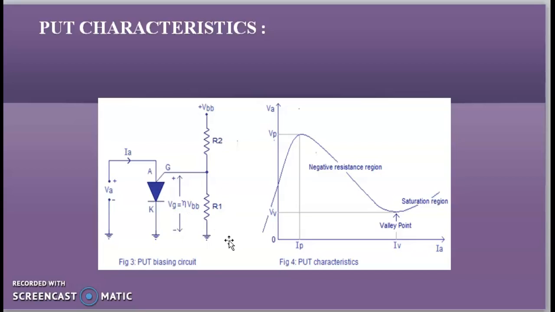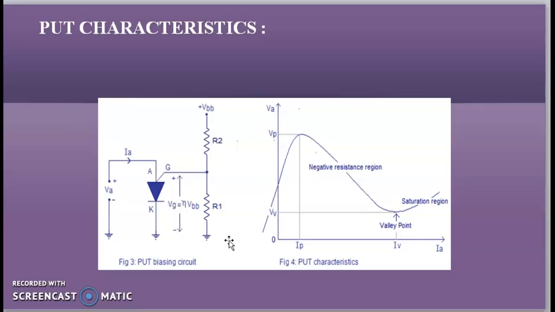Now in this, the characteristic is a plot between the anode voltage and the anode current of PUT. The anode of the PUT is connected to a positive voltage and the cathode is connected to ground.